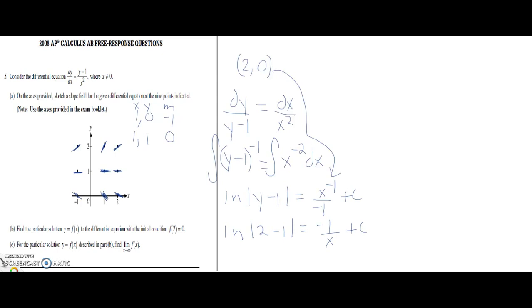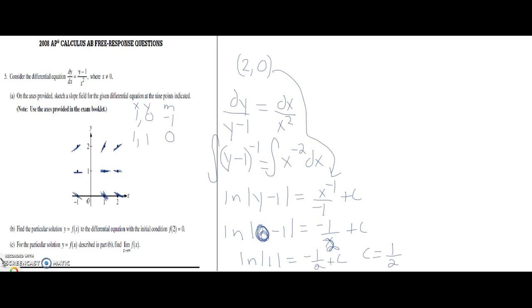The 0 goes in here. My mistake. So this should be a 0. And the 2 goes over here. So when you do this, you're going to get the ln of the absolute value of 0 minus 1, which is 1, equals negative 1/2 plus c. So c has to equal 1/2.